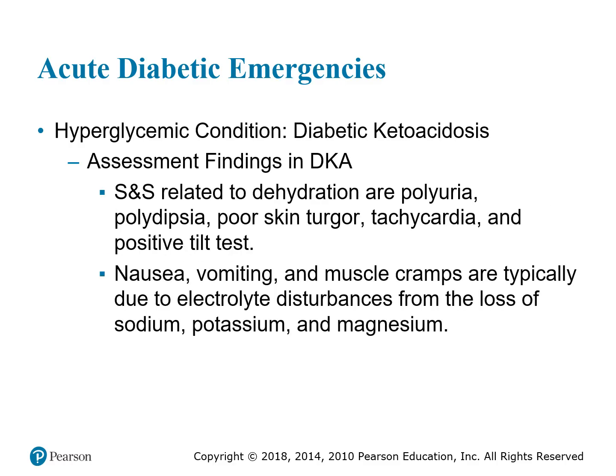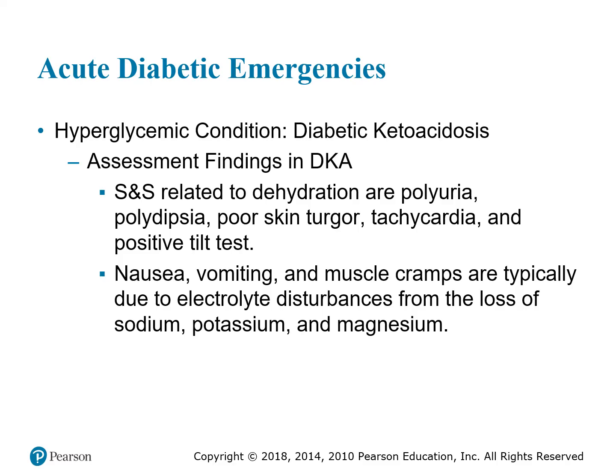As they breathe really deep and rapidly with that Kussmaul respiration, their body is trying to blow off carbon dioxide to reduce the acid load inside the body. So if they continue to hyperventilate, then they'll reduce the amount of carbonic acid and thus reduce the total amount of acid in the body.